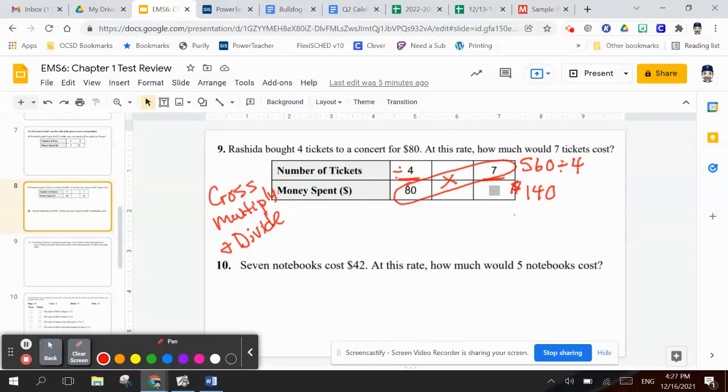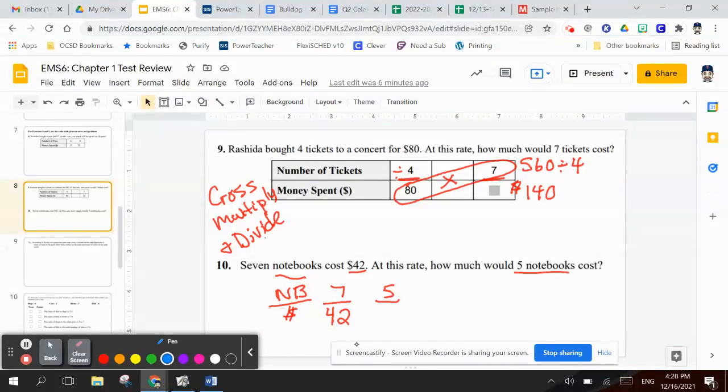Number 10 says 7 notebooks cost $42. At this rate, how much would 5 notebooks cost? So let's write, what two things are we comparing? Notebooks to money. So there were 7 notebooks that cost $42. How much would 5 notebooks cost? So I have 5 notebooks.